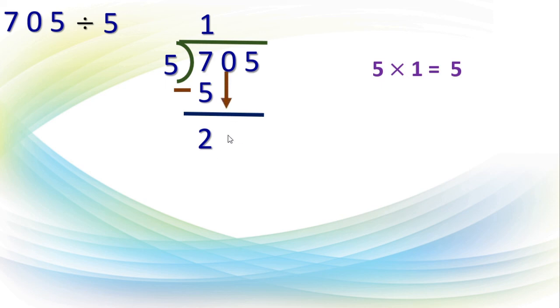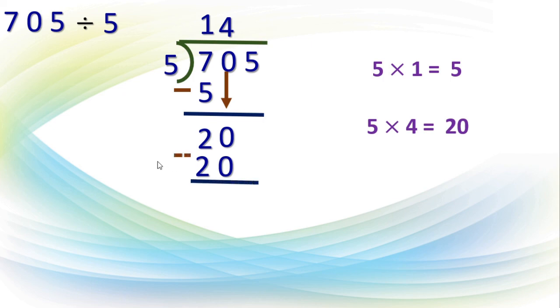When we bring this 0 here, then it becomes 20. It has the value 20. Now we will divide 20 by 5. 5 fours are 20. 4 we will write beside 1. Now we will write 20 here. 20 minus 20 is nothing but 0. Now what remained? This 5 remains. Now take this 5 down.